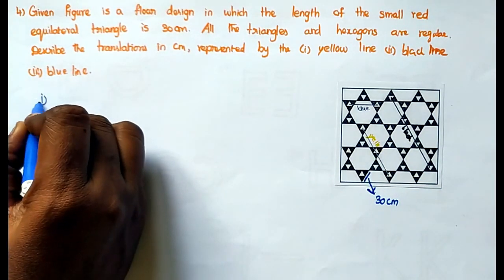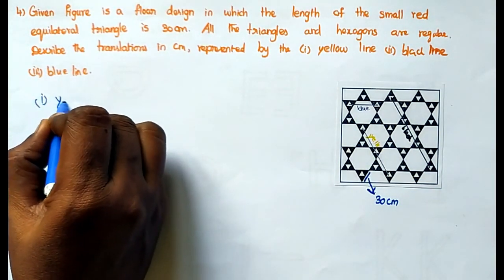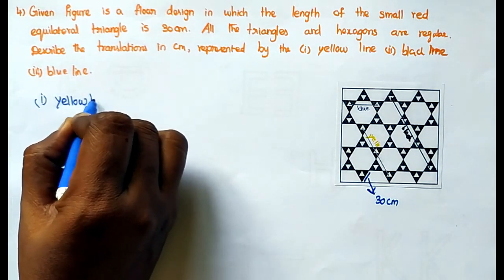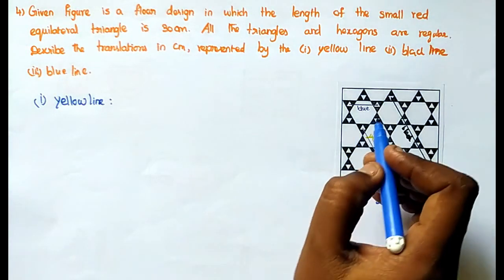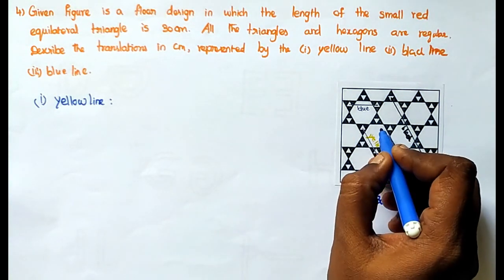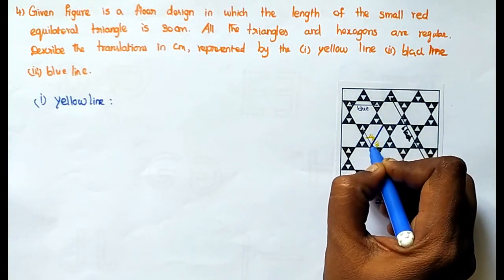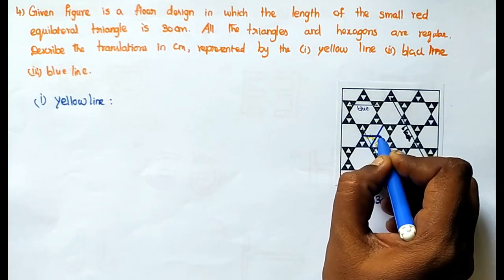So first one, yellow line. Listen to the length first. In the hexagon, draw the triangle.